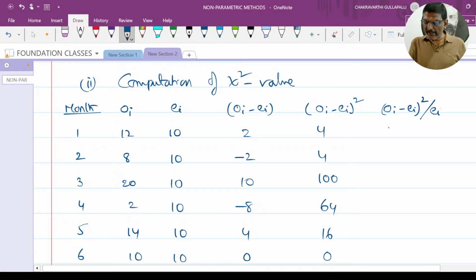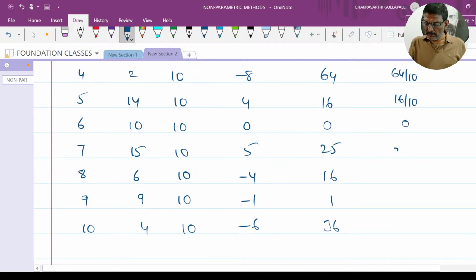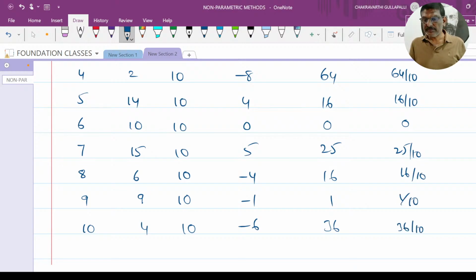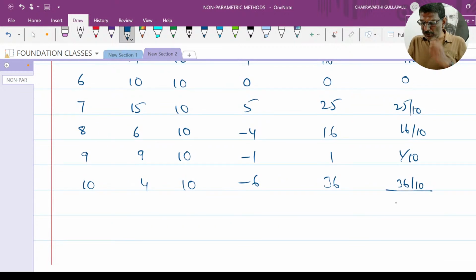Now 4 by 10, 4 by 10, 100 by 10, 64 by 10, 16 by 10, 0 by 10, 25 by 10, 16 by 10, 1 by 10, 36 by 10. The sum of these values, summation of Oi minus Ei whole square divided by Ei, i equal to 1 to 10, is equal to 26.6.